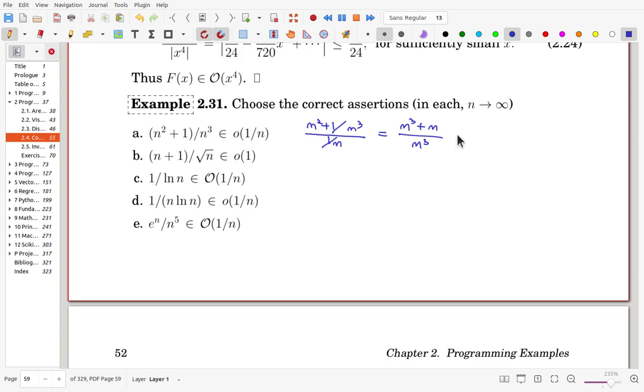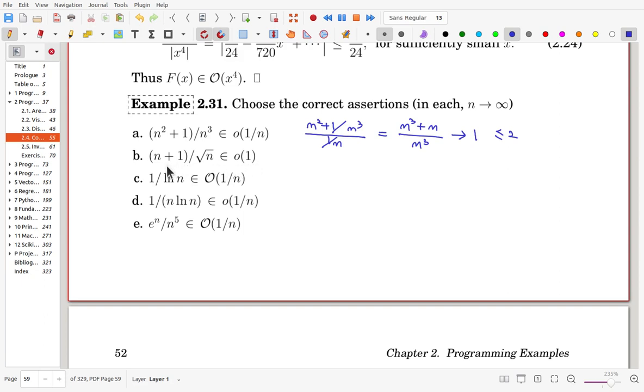This one is converging to 1, but it's slightly larger than 1, and for every n it is bounded by 2, but anyway it is converging to 1. So we can say that this term is in big O of 1 over n, but the assertion is saying little o, so that is wrong. For that one, this term divided by 1 is the same as this term.